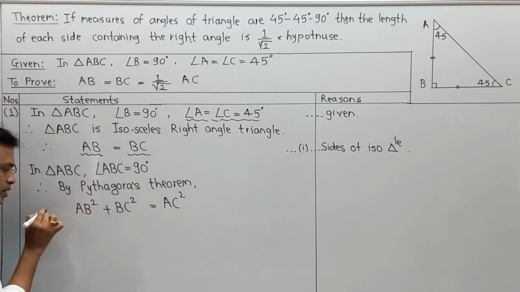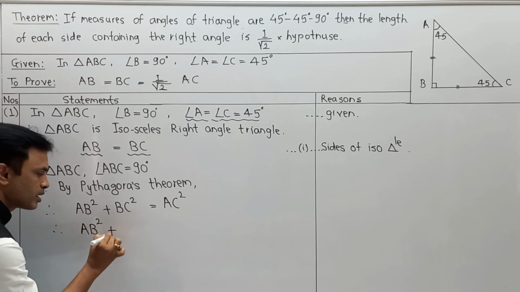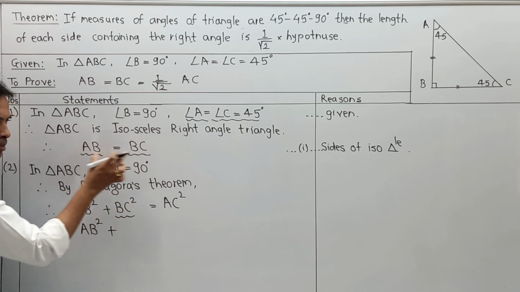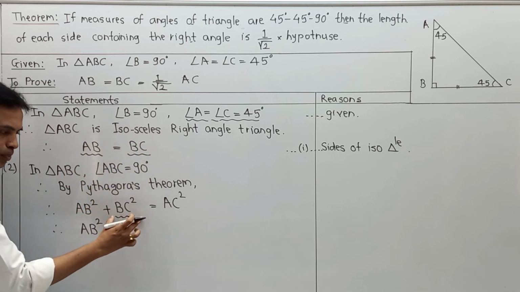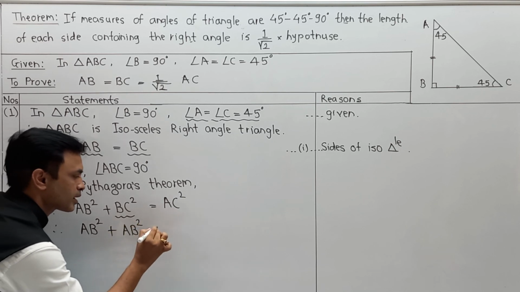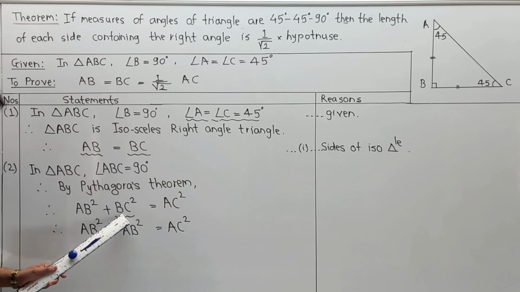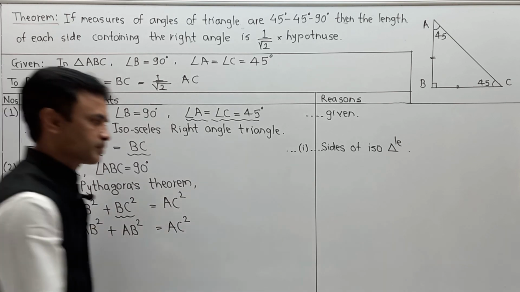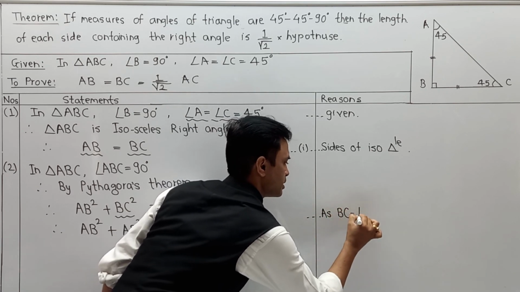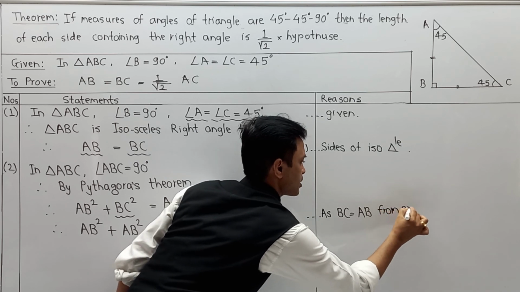So I am going to write AB square as usual, plus, instead of writing BC square, if AB equal to BC, then AB square is equal to BC square. So replacing BC square by AB square is equal to AC square. As we replace BC by AB, give it in the reason: BC equal to AB from equation 1.